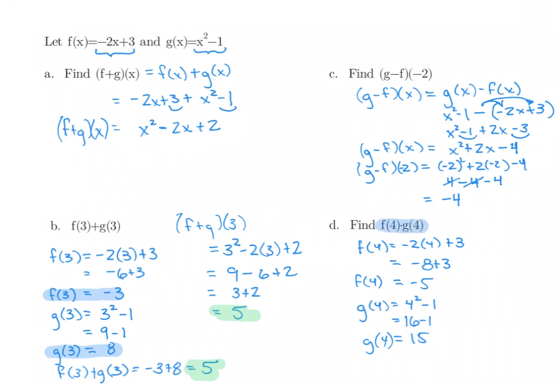We wanted to multiply. So we're going to take our f of 4 and our g of 4 and multiply them together. We get -5 times 15, or -75.